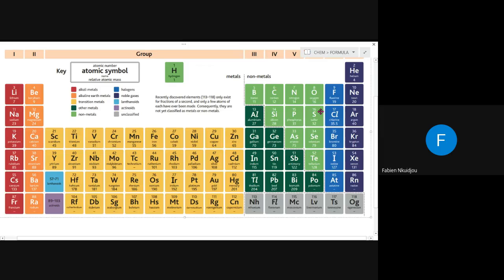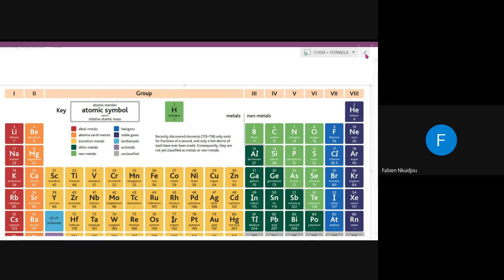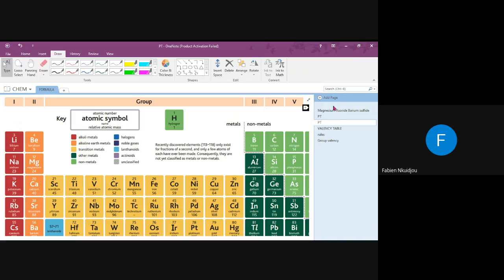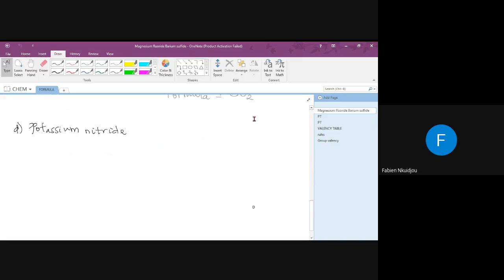And the next is nitrogen. What group? Group 5. So what would be the valency for nitrogen? 8 minus 5, right? That is 3. And for potassium, what is the valency? It is 1, right? Okay. So let's see how we can do it.